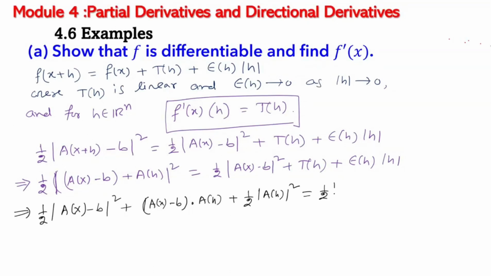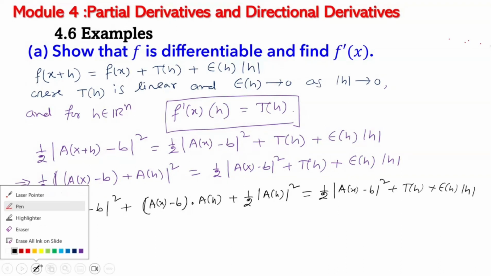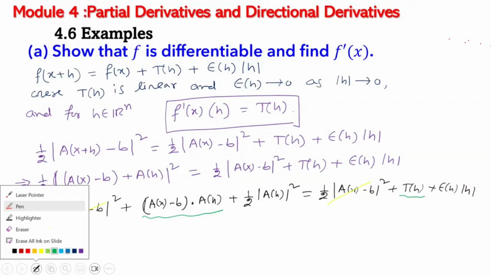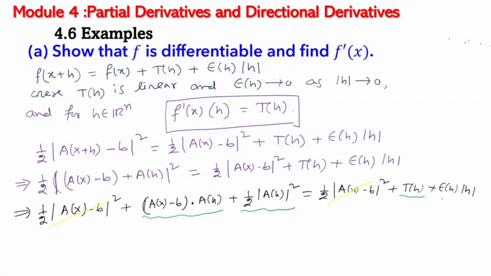So this is equal to half Ax minus b whole square plus th plus epsilon h, absolute value of h. If you compare this, this will cancel out with this term, and then we get a relation here. This one will be with th and this one with epsilon h, absolute value of h.